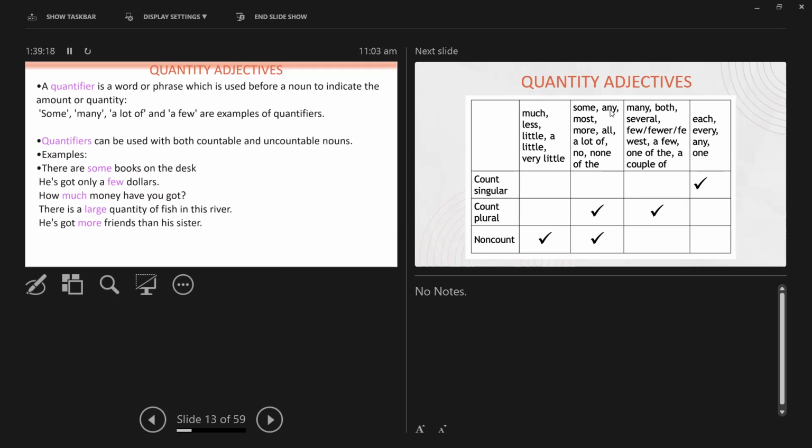Okay, what else? A couple of. You can say, I need a couple of oranges for my salad. No, I need a couple of lemons for my salad. Meaning, I need 2. Couple means 2, right?